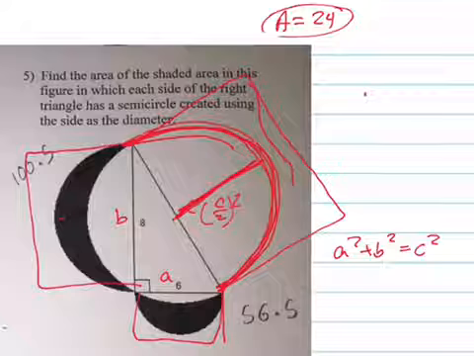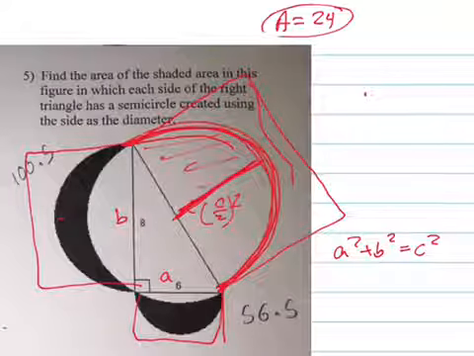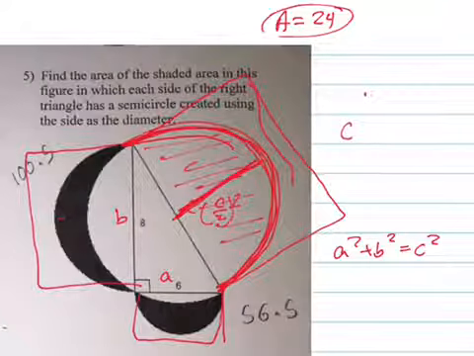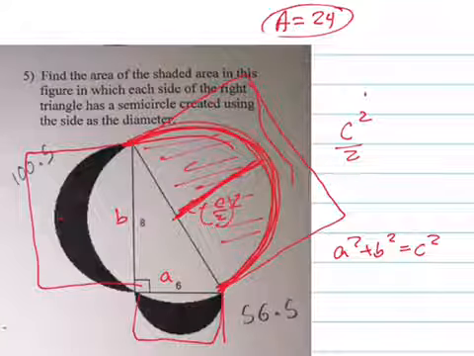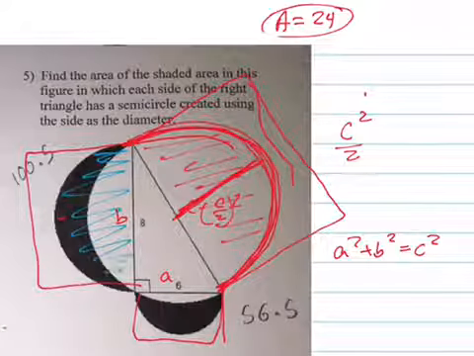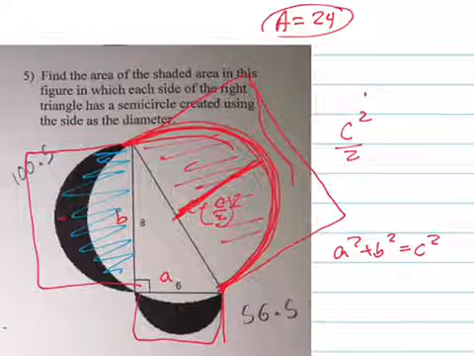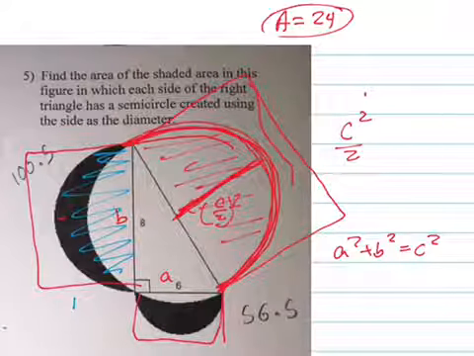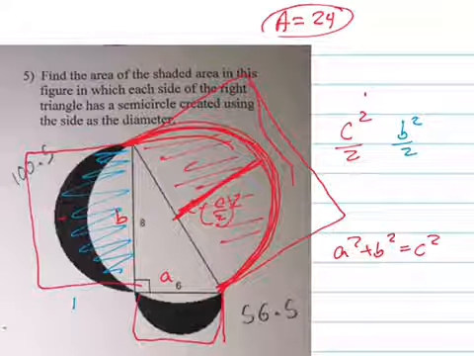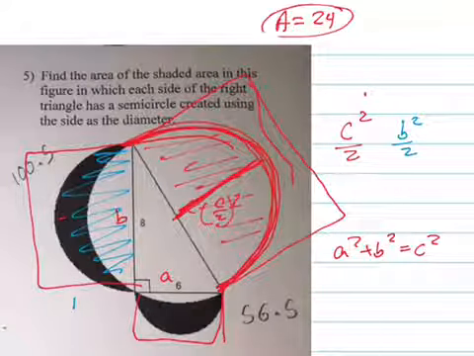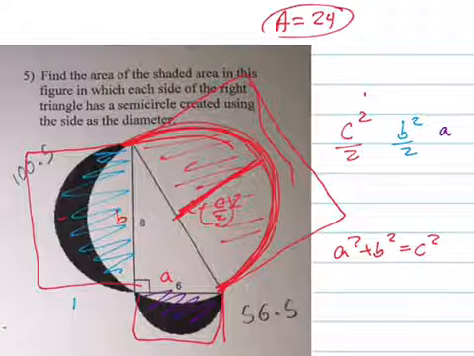Now, let me color code these. The red thing is half of C squared. This blue right here is half of B squared. And this red one down here is half of A squared.